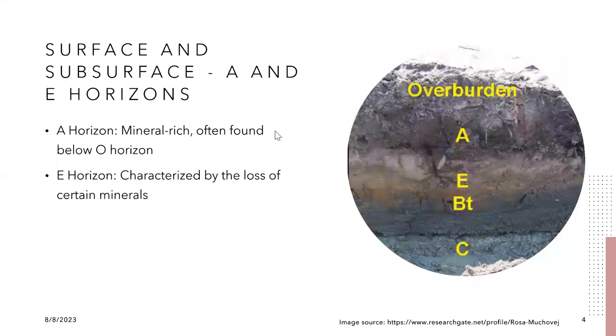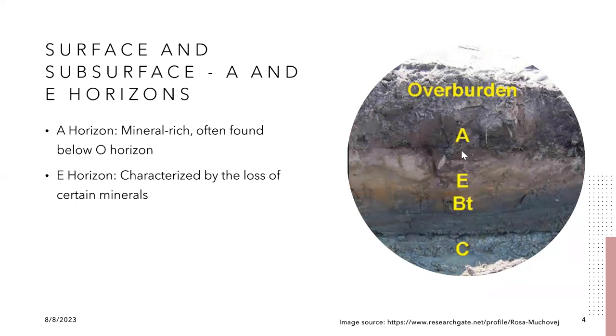Next, we have the surface and subsurface layers, which we call the A and E horizons. These are beneath the organic layer, often referred to as topsoil. This horizon is a critical zone where biological activity is most intensive. It has a blended mixture of organic matter and minerals, resulting in a dark coloration, as you can see, that indicates the rich nutrient content.